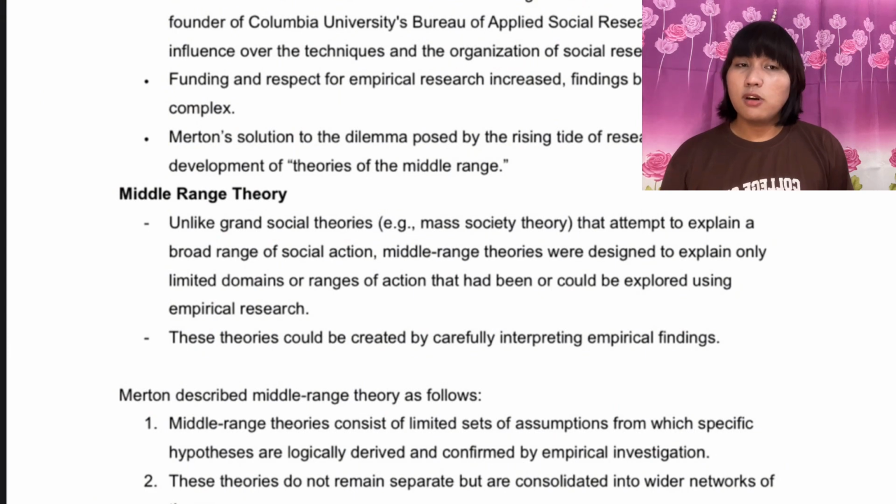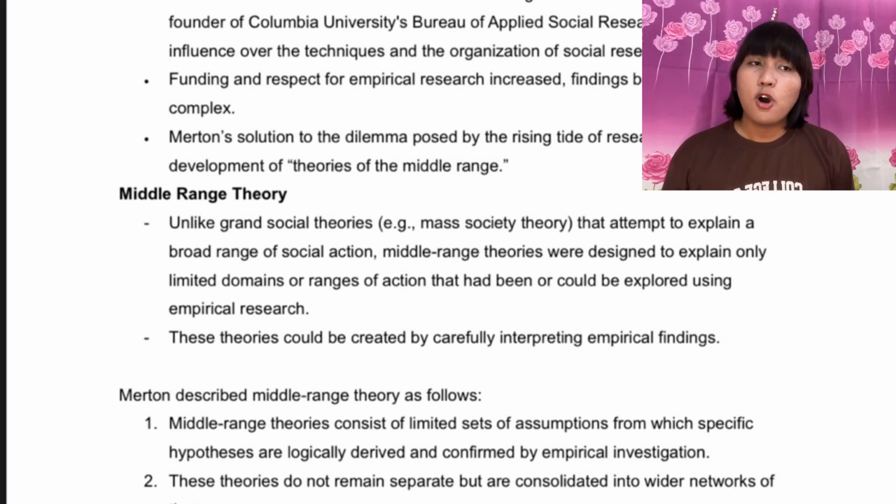Middle range theories were designed to explain only limited domains or ranges of action that had been or could be explored using empirical research. These theories could be created by carefully interpreting empirical findings.